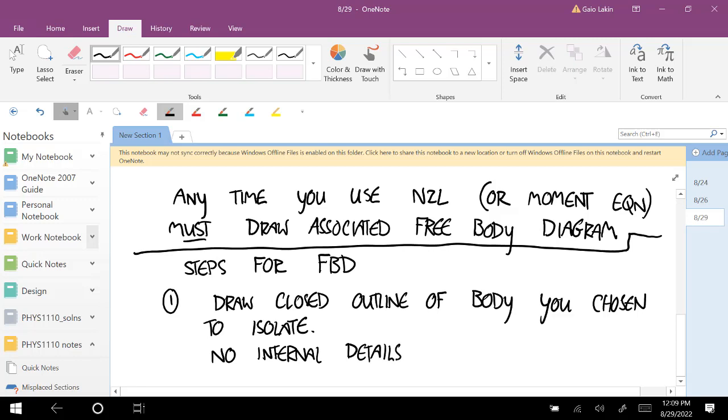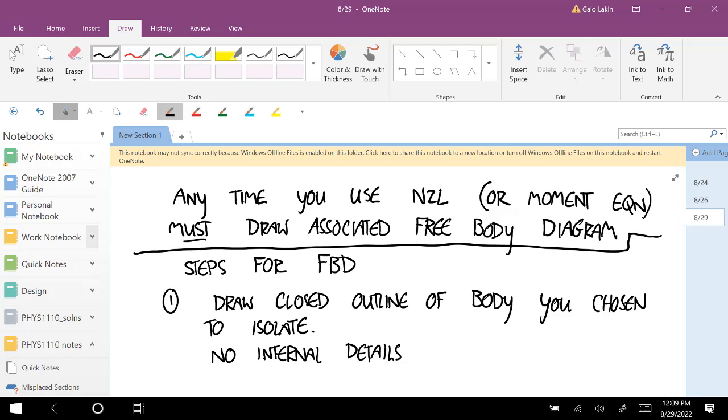The main benefit of drawing a free body diagram is being very clear to yourself. When you're using Newton's laws, you're making a very clear distinction between what's in your included system, your chosen body, and what's outside of that. The only thing you care about is the outline that separates your chosen body from everything else.